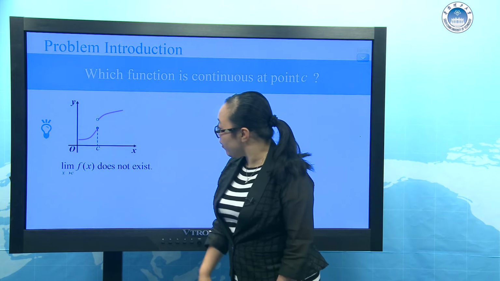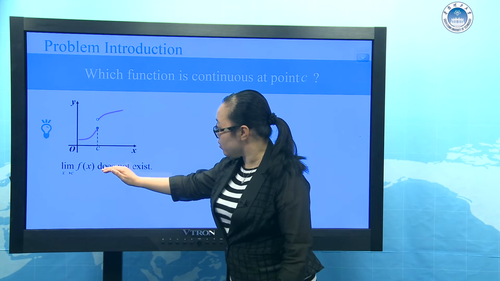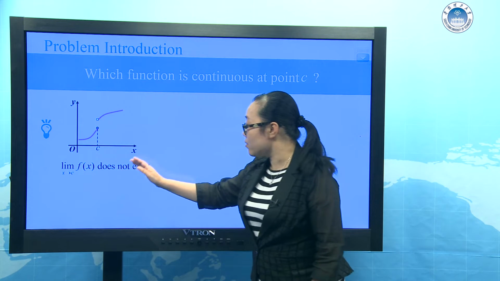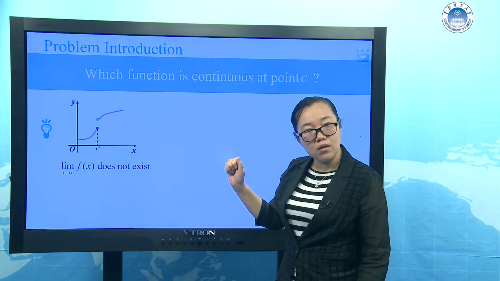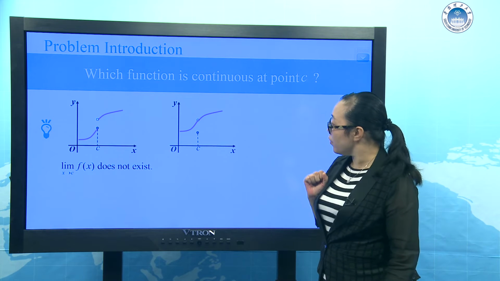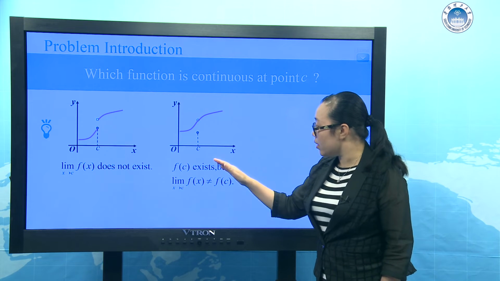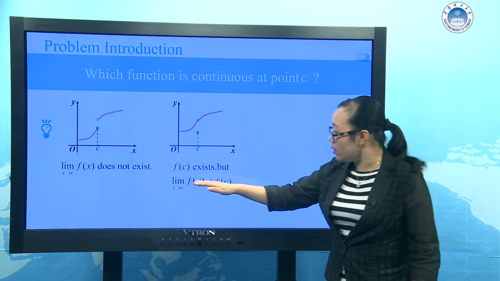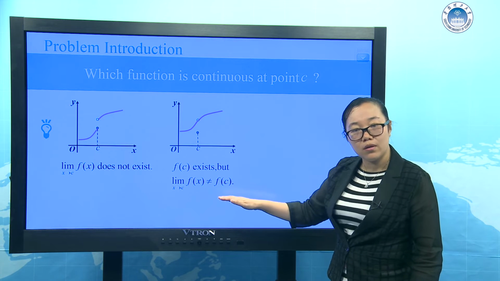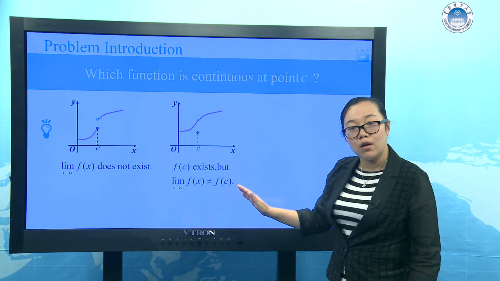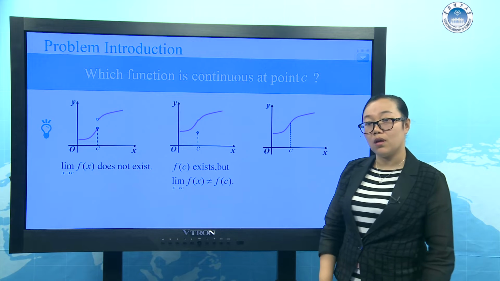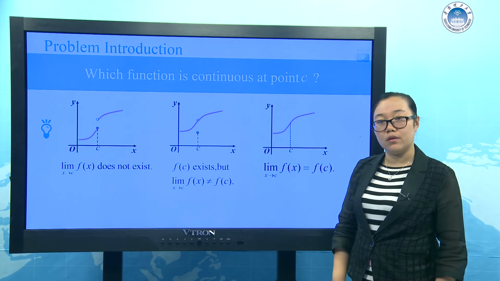From the figure we can find it. In figure 1, the limit of f(x) as x tends to c does not exist. Look at the second figure. f(c) exists, but the limit of f(x) doesn't equal the value f(c). Now look at figure 3.